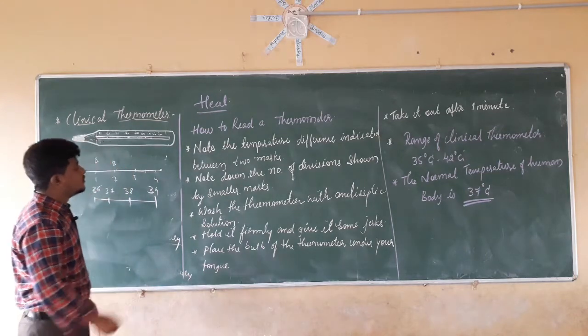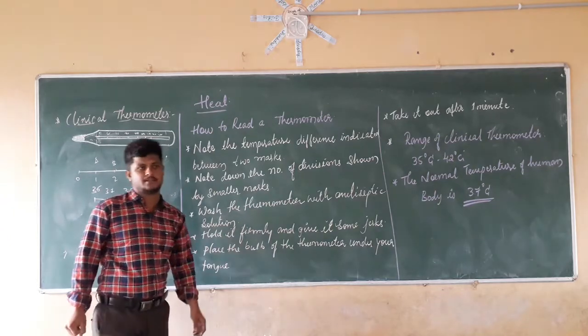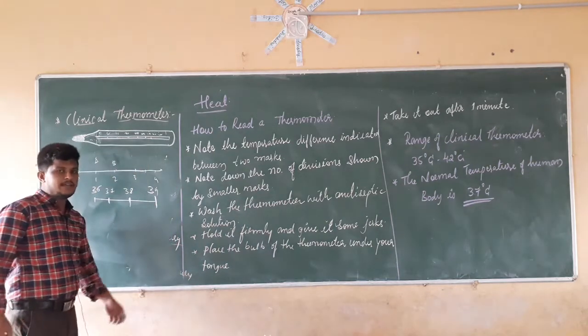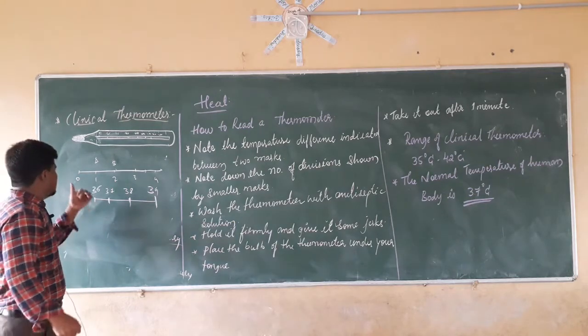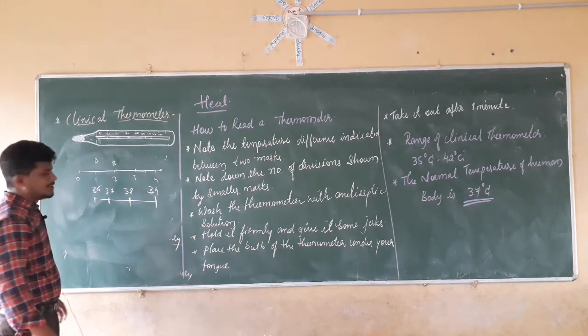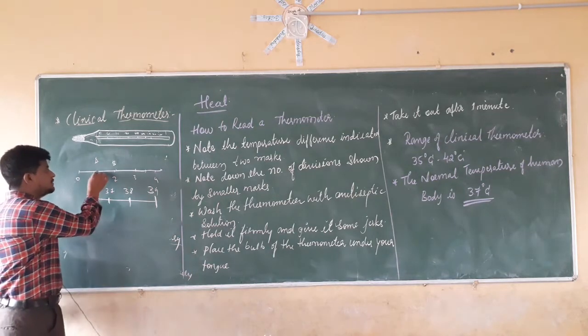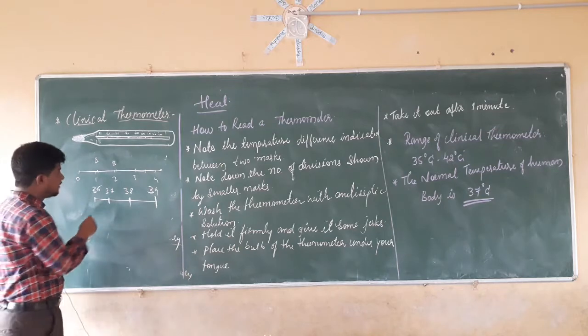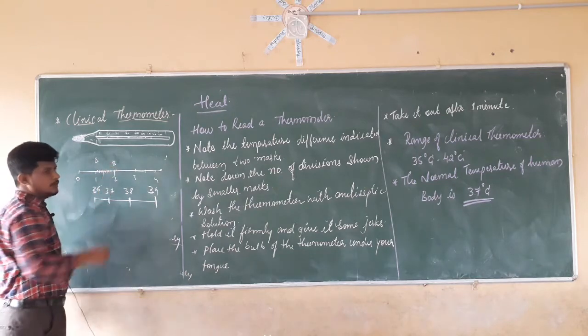Next, note down the number of divisions shown by the smaller marks. When we take our scale which we use for geometry, it is of 15 centimeters. When we take 2 bigger marks on that scale, we get smaller marks like this: smaller divisions 1, 2, 3, 4, 5. This one will be the fifth one.